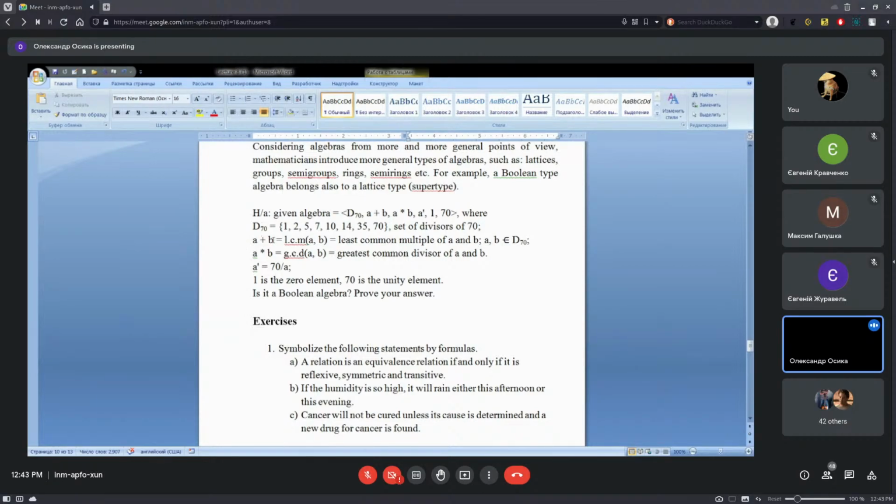A plus B is the least common multiple of A and B. I forgot to mention that the set D sub 70 includes the numbers 1, 2, 5, 7, 10, 14, 35, 70, the set of divisors of 70.